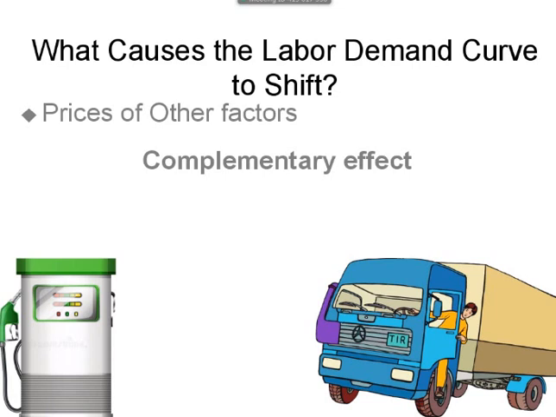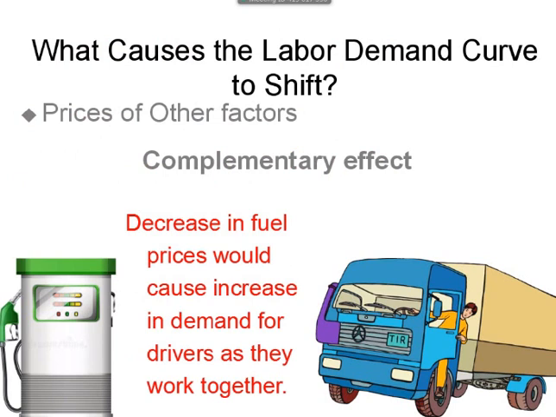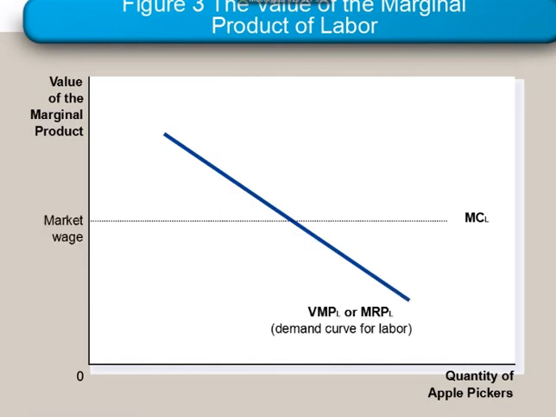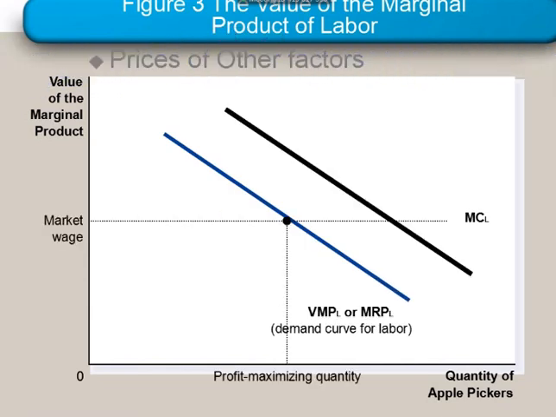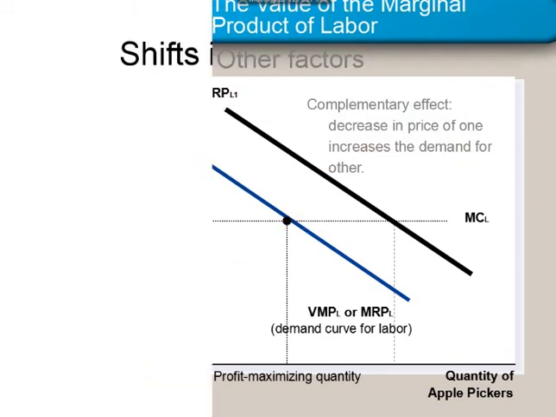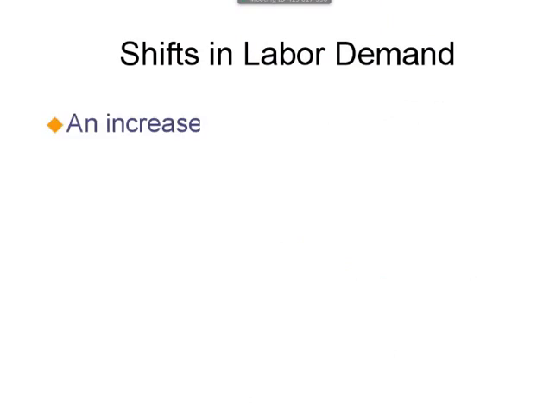Now truck drivers are considered here as labor, so we see there will be a shift in labor demand, either positive or negative. That means rightward or leftward. So fuel prices decreasing means there will be higher demand for labor. A shift in the labor demand, okay.